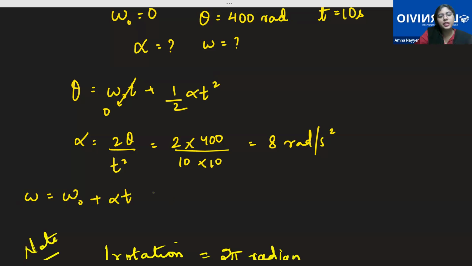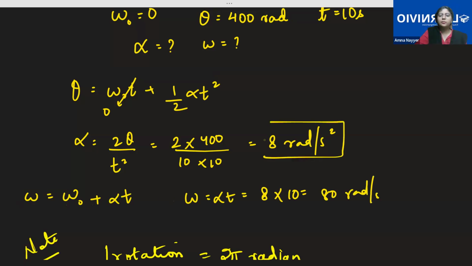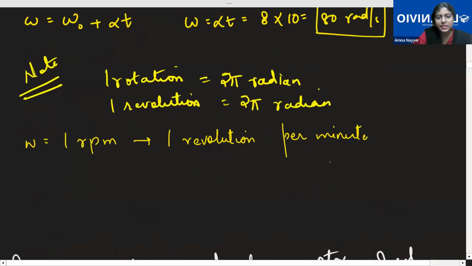Initially it is 0, so simply omega will be alpha into t. 8 into 10, that is 80 radian per second. Very good. So 8 radian per second square and 80 radian per second are the answers. Now the next question we'll discuss.